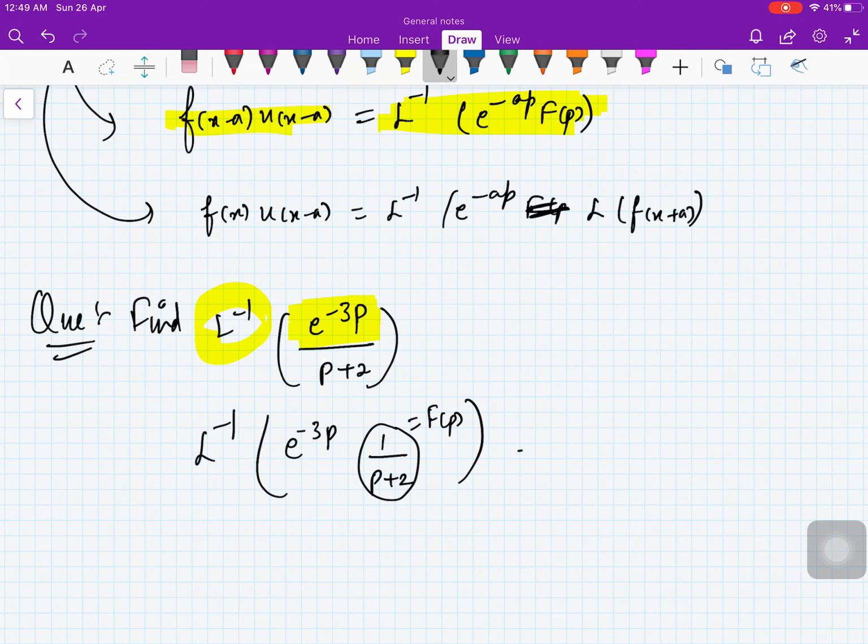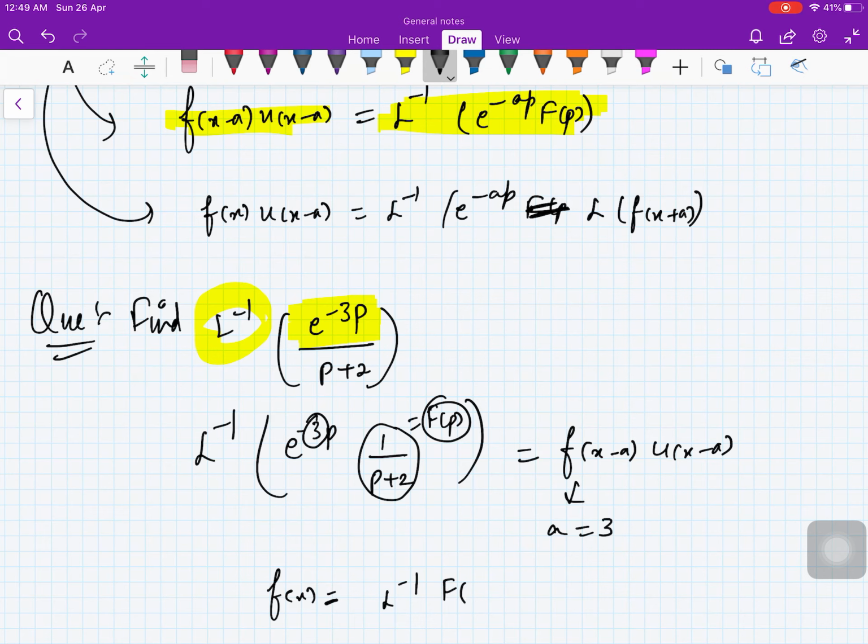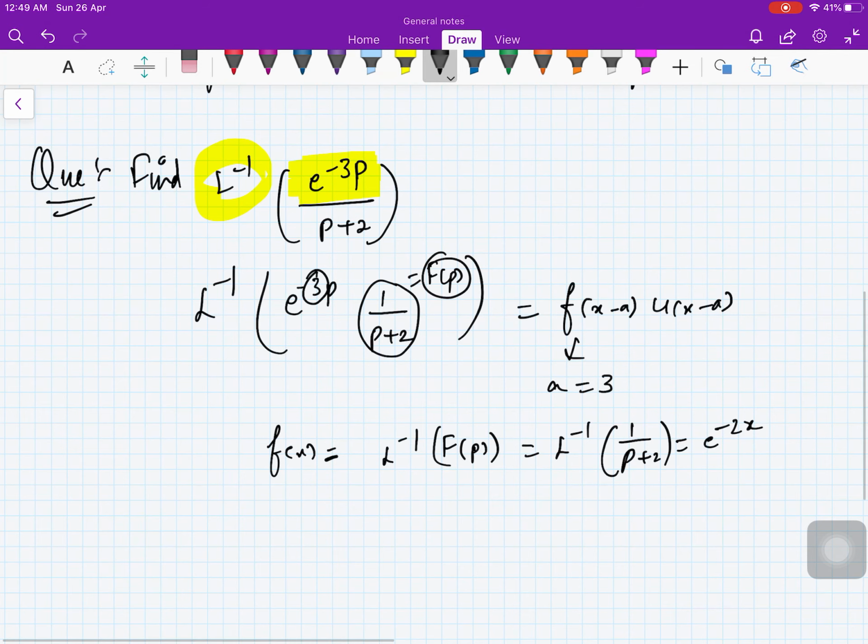So this will be your F of p, and you want L inverse, so that will be f of x minus a, u of x minus a. Here a is 3, and f of x is L inverse of F of p, that is L inverse of 1 upon p plus 2, which is e raised to minus 2x.